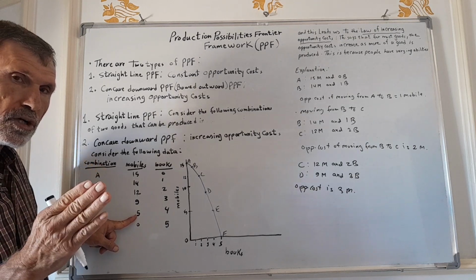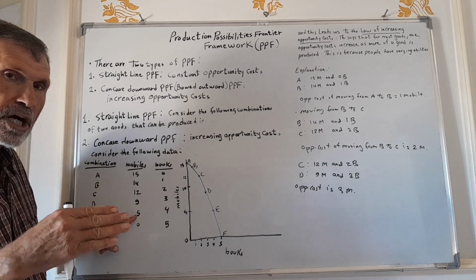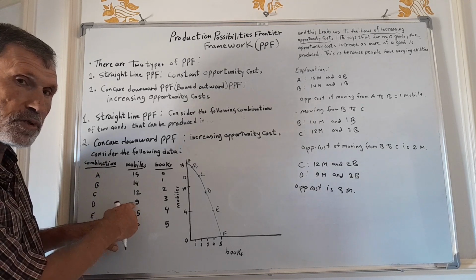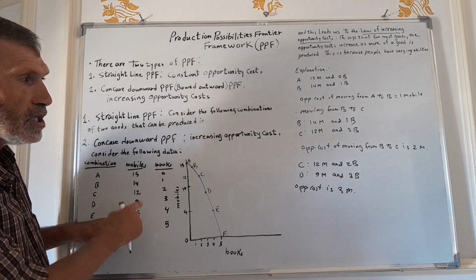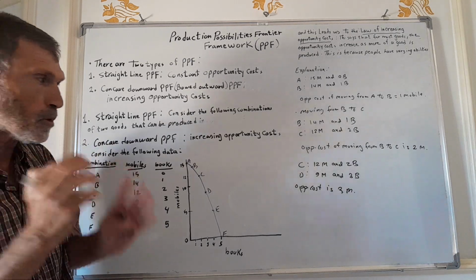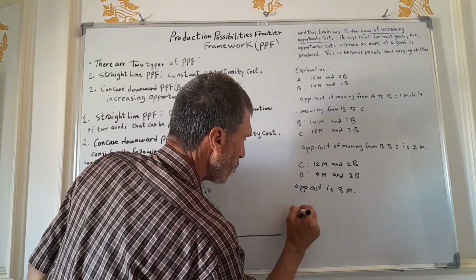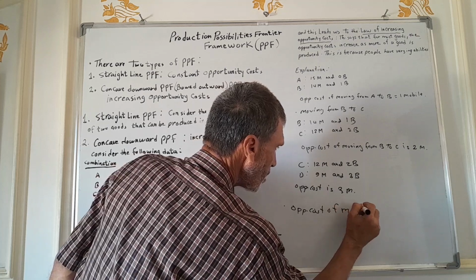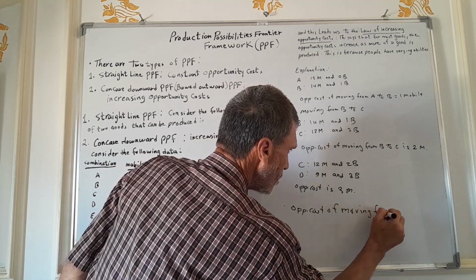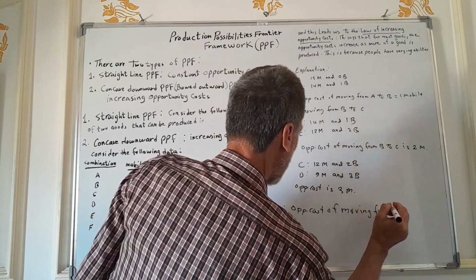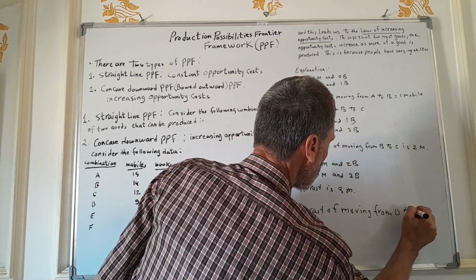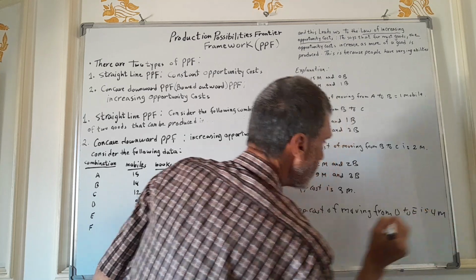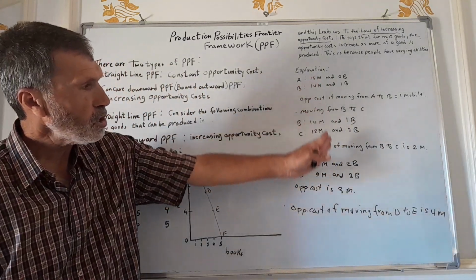The opportunity cost of increasing the production of books by 1 additional unit is from 9 to 5, which is 4 mobiles. So the opportunity cost of moving from D to E is 4 mobiles. So as you can see, the opportunity cost is increasing.